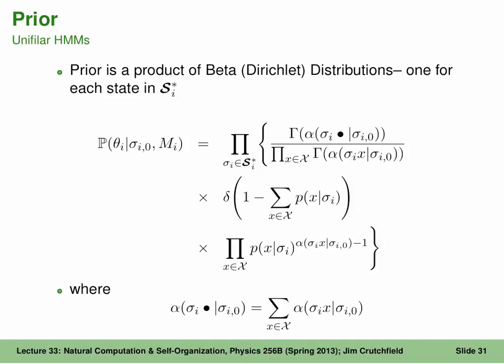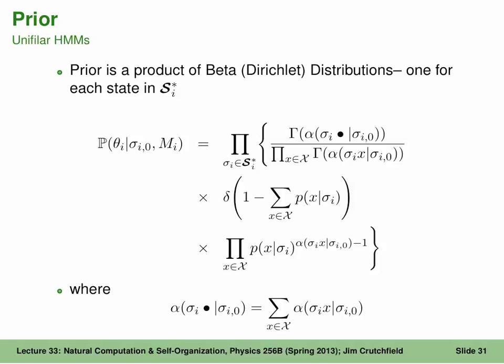For each outgoing state, you have a distribution over the transition probabilities going out of that state. They all have to be normalized to 1. However many states you have with more than one outgoing edge, it's a product of that many beta or Dirichlet distributions.